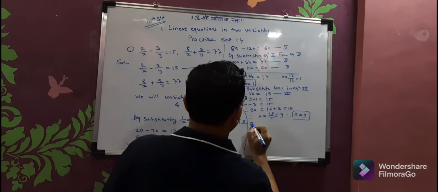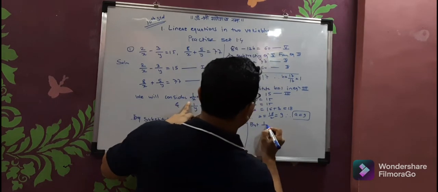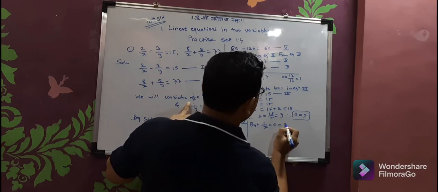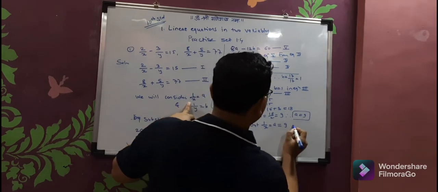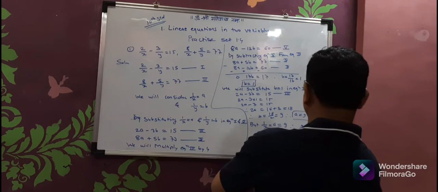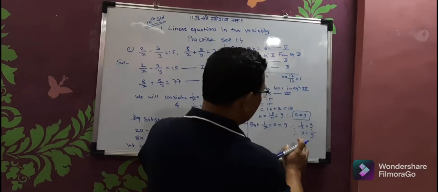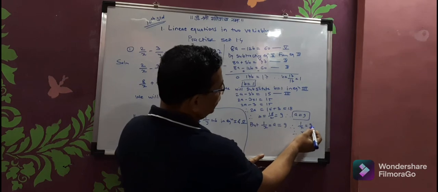But what you have considered is 1 upon x is equal to a, that is equal to 9. So what will the answer come to? 1 upon x is equal to 9, so x is equal to 1 upon 9, because this x will go here and 9 will come here.